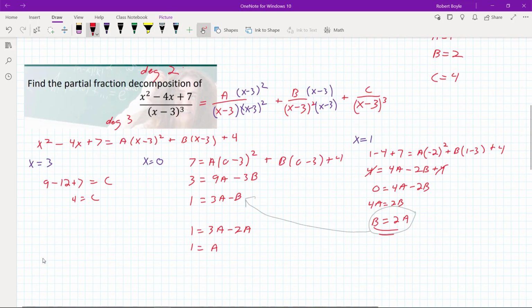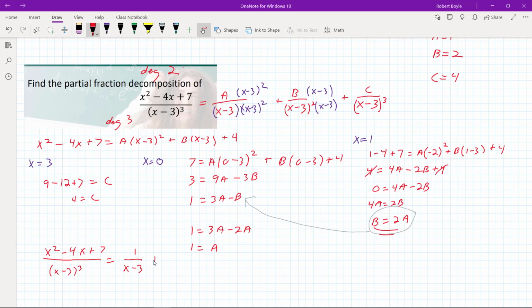And that is that x squared minus 4x plus 7 divided by x minus 3 cubed is equal to a times x over 3, where a is equal to 1, 1 over x minus 3.